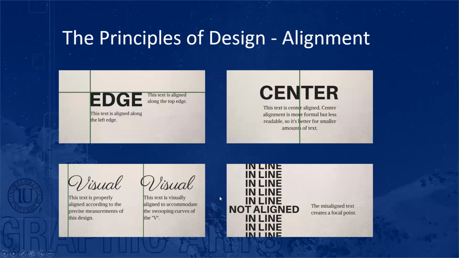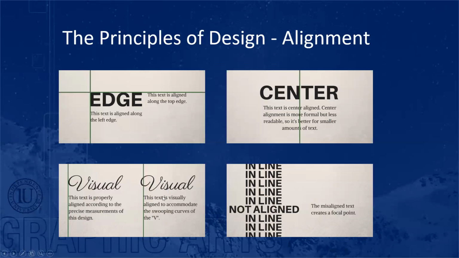I apologize. I'm not finding the way to go back there, so we're just going to move on. We have the edge. The edge of this word is actually right against the corner of these lines right here. The center, we have the paragraph text and the heading. We're matching up the centers.